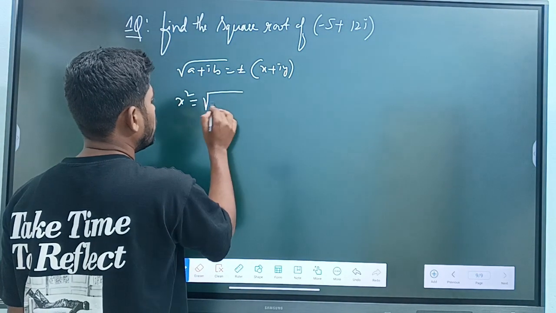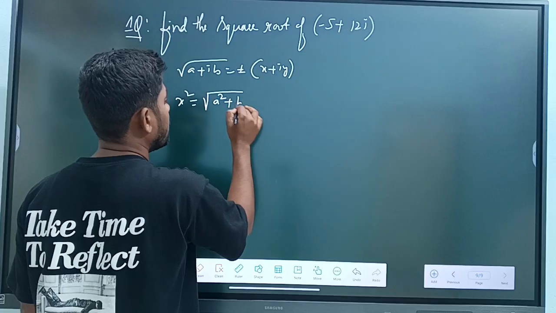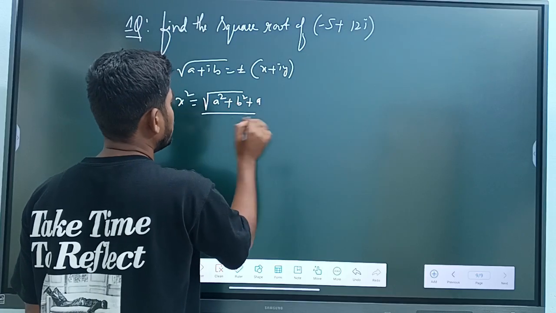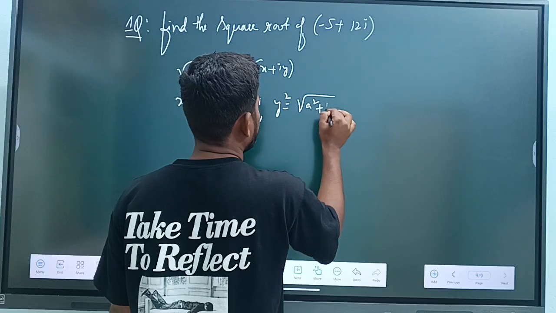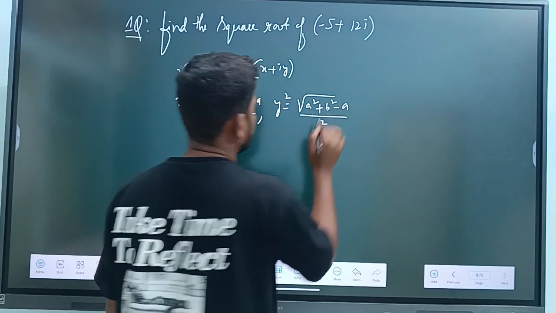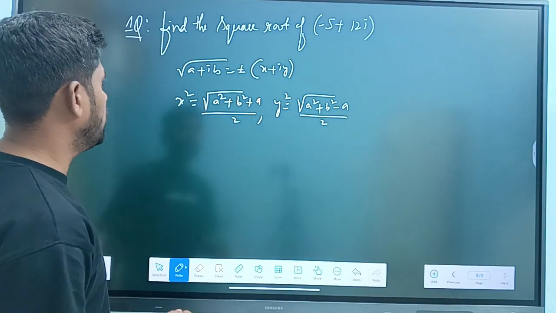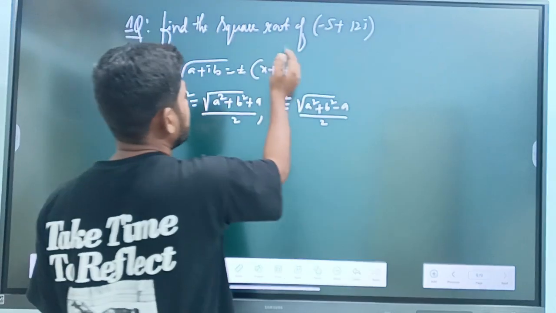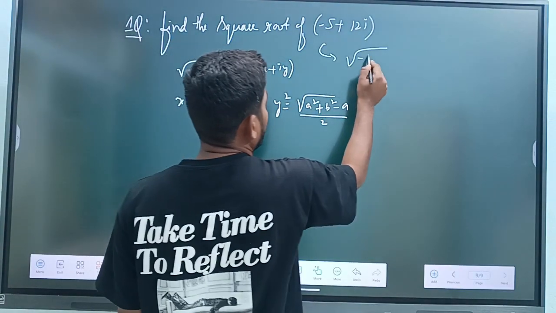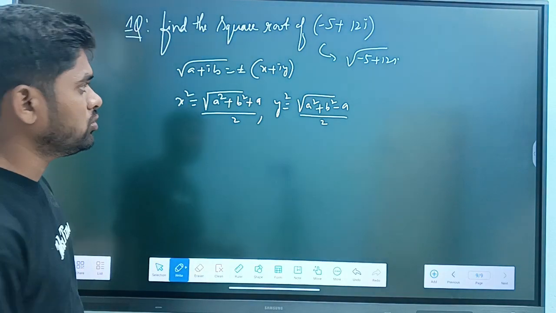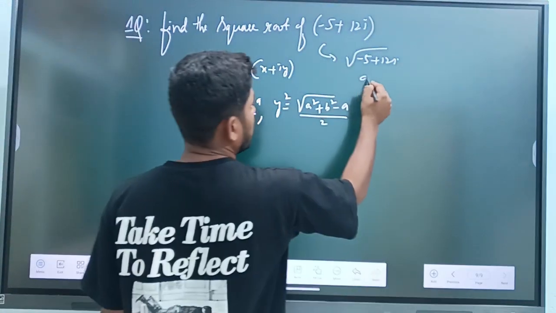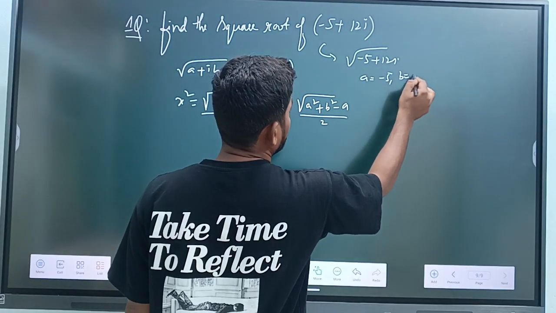x square equal to root of a square plus b square plus a by 2, y square equal to root of a square plus b square minus a by 2. This is the formula. So if I compare, we are asked the square root of this, which is also a complex number. So clearly a is minus 5, b is 12.